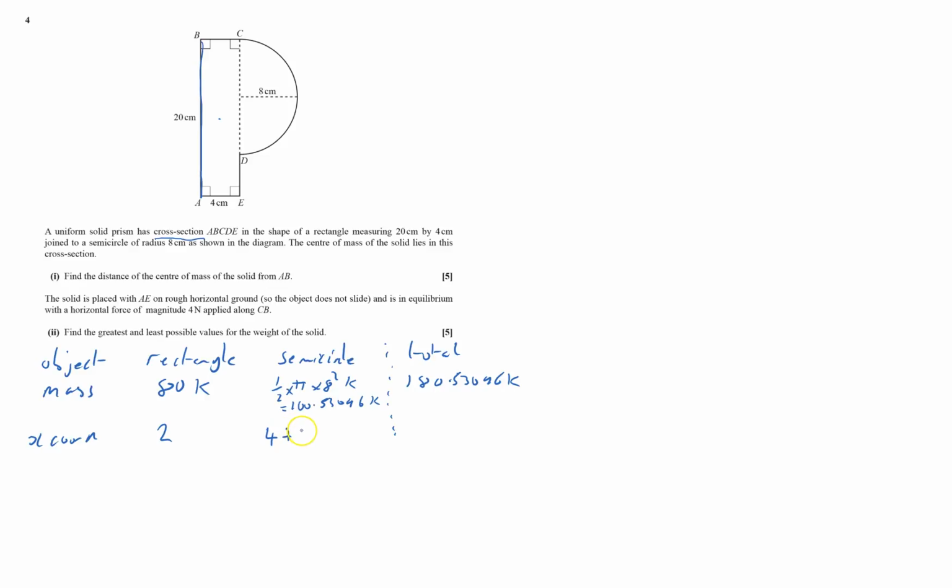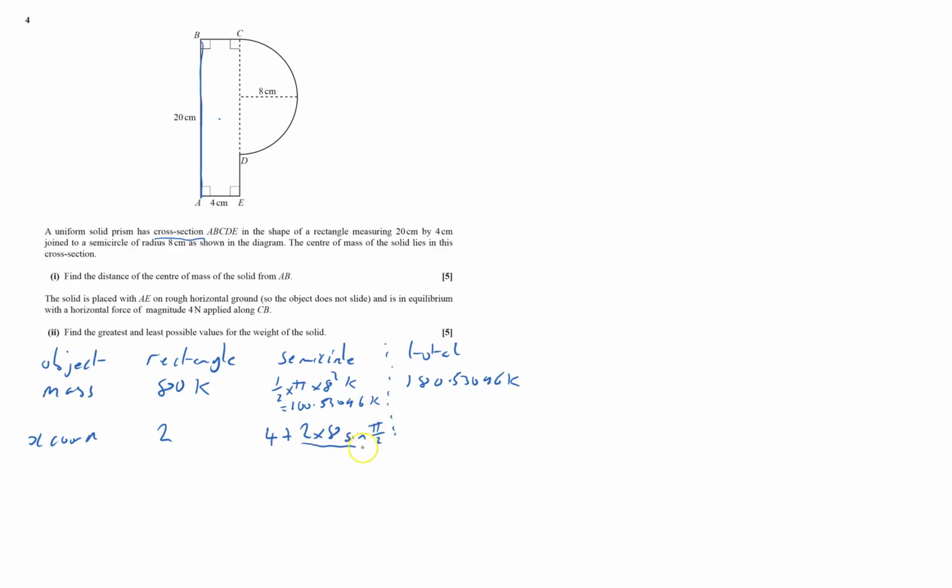So it's 2 times the radius, which is 8, times sine of, well, the angle at the centre is 2 alpha, so this is sine alpha, so it's half the angle. That'd be 90 degrees, that's pi over 2, everything always in radians.